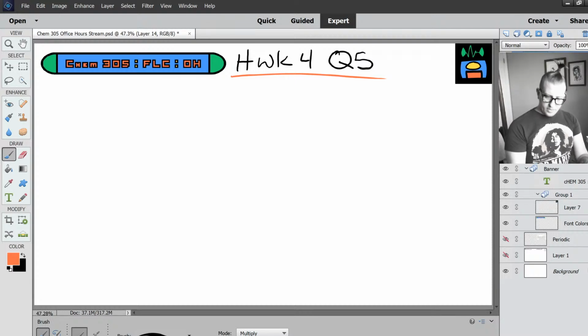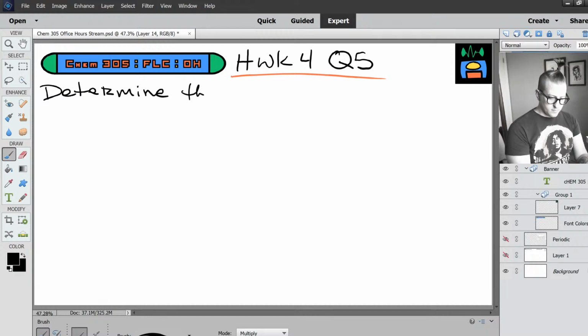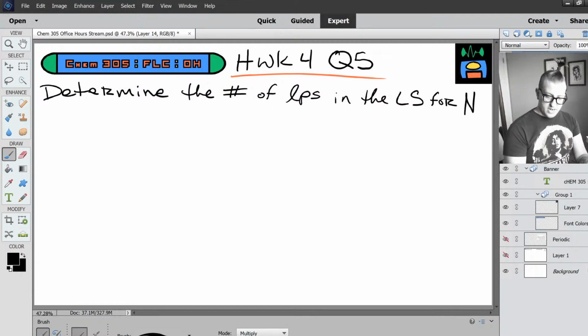Homework 4, question 5 asks us to determine the number of non-bonding lone pairs in the Lewis structure for NO2 with a plus charge.